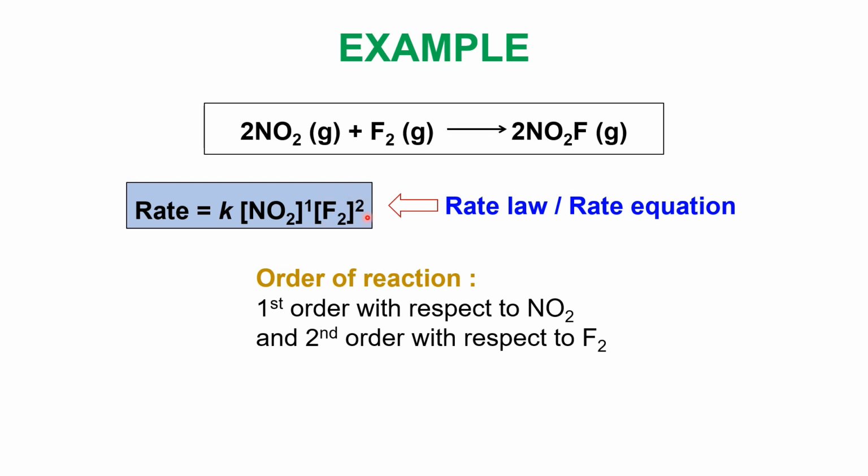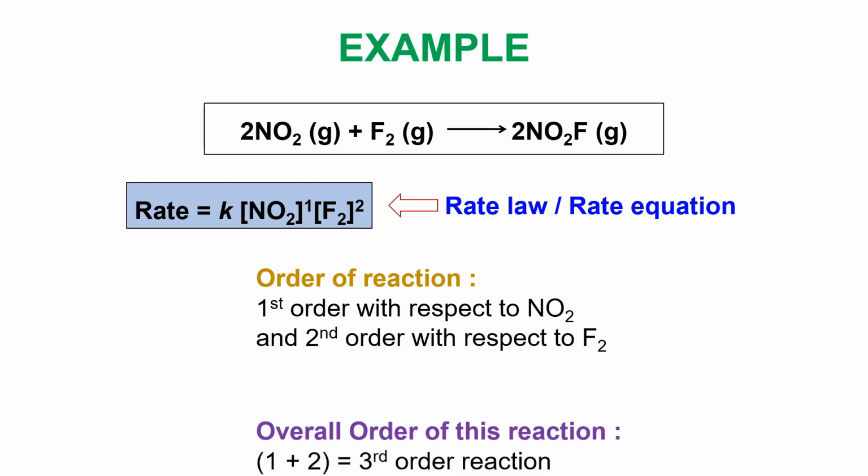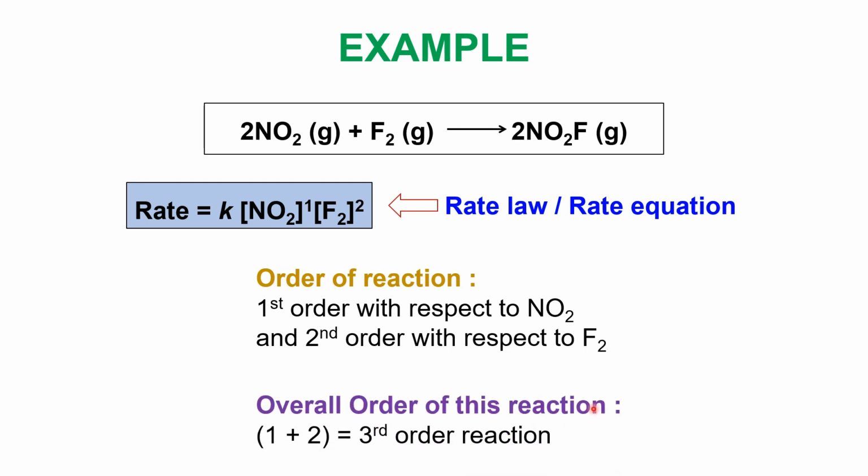F2, the power is 2, so it is second order with respect to F2. For overall order of this reaction, we must total up the order of reaction for NO2, which is 1, and the order of reaction of F2, which is 2. 1 plus 2 equal to 3, so overall order of this reaction is third order reaction.